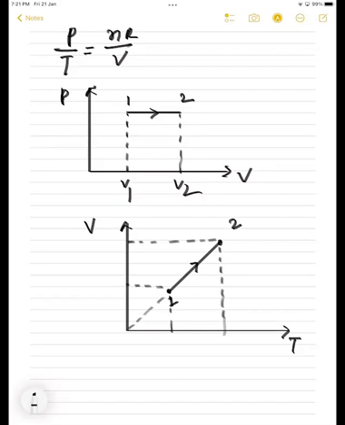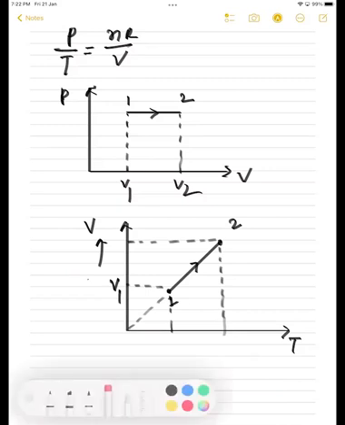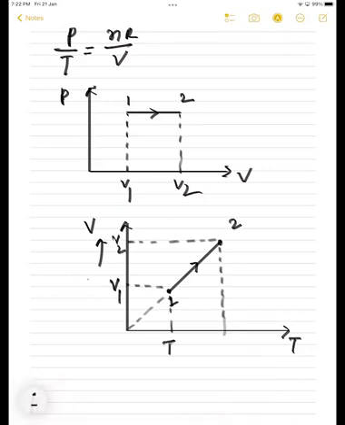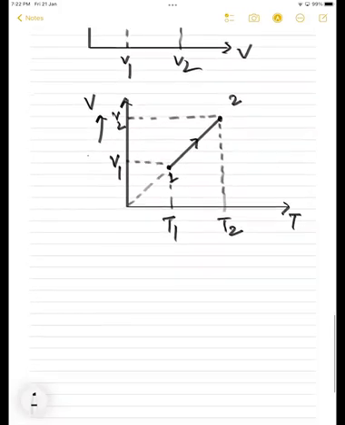At this point the volume is V2 and here volume is V1, and temperature is T1, temperature is T2. So the graph will be how much? V by T, V2 minus V1. That is, you can get here P by T is equal to nR by V.